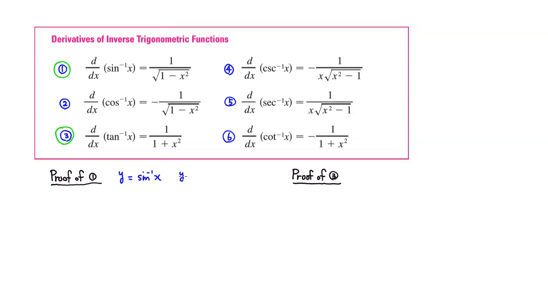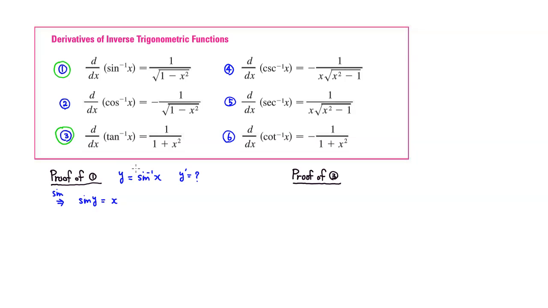So we're looking for y prime. Since we don't know how to take the derivative of an inverse trig function right now, I'm going to apply sine to both sides to rewrite it using a regular sine. So this is equivalent to sine of y is equal to x, because it's an inverse function, it goes backward.